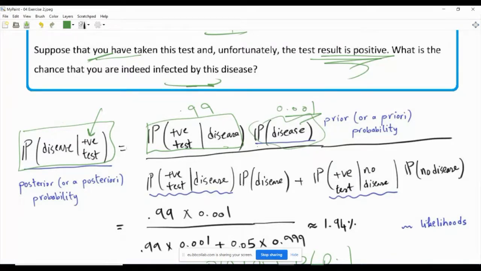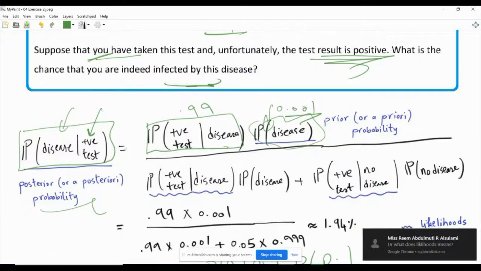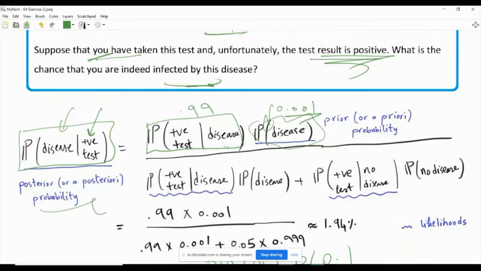So this is called the posterior, or a posteriori, probability. This is called the a priori probability of, in our case, the disease. I will explain: those probabilities here are the likelihoods.